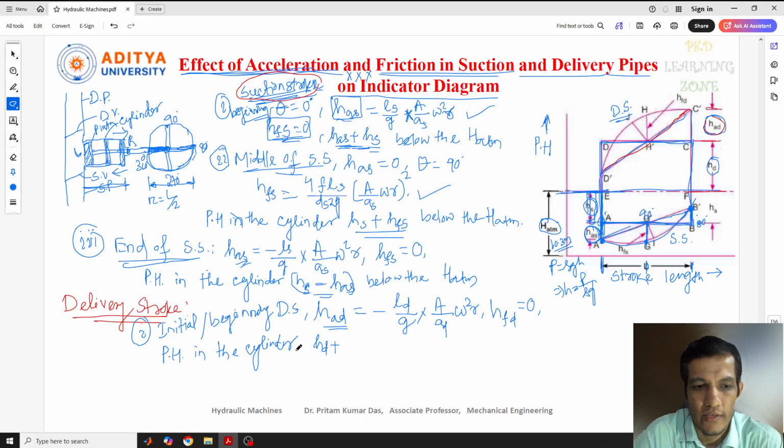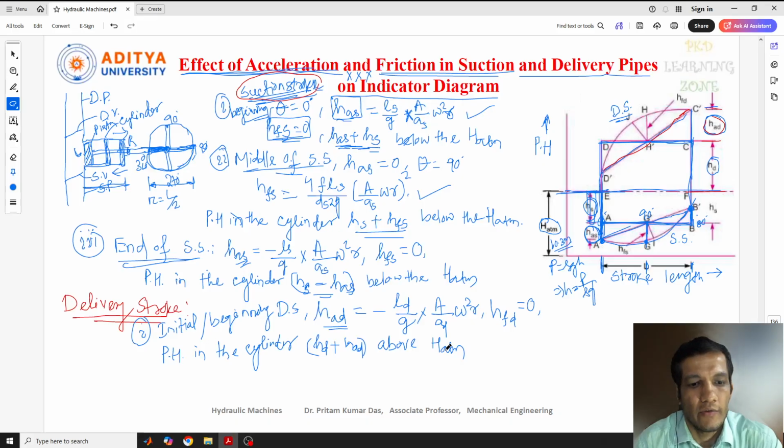But here it is HD plus HAD, so our total height is HD, and again this much height was added due to the acceleration head. This will be the value, and it will be above H atmospheric. So this is the first point.